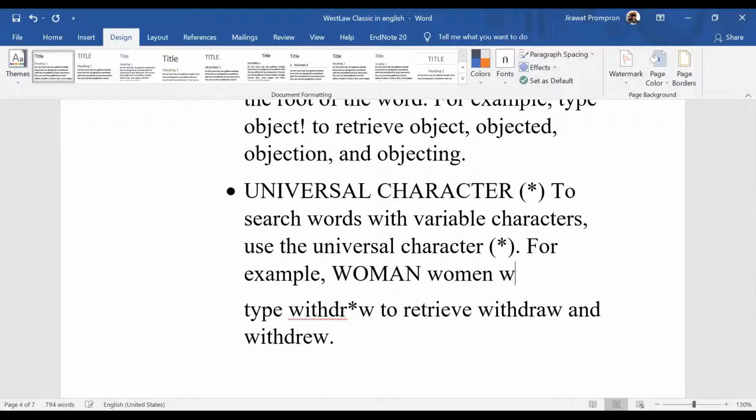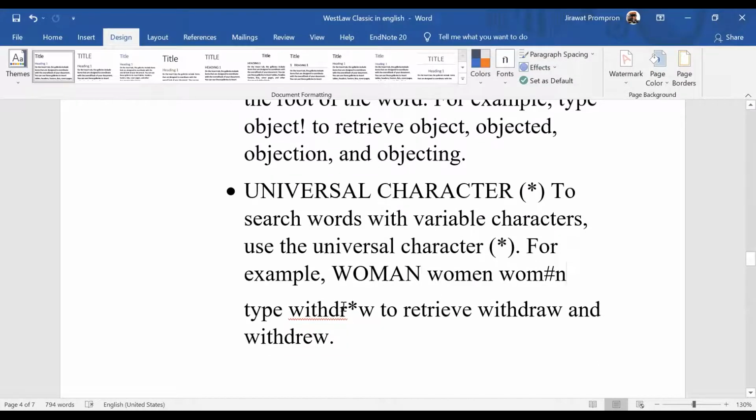So you just type wom, use this symbol, followed by n. This can be a single character, A or E.